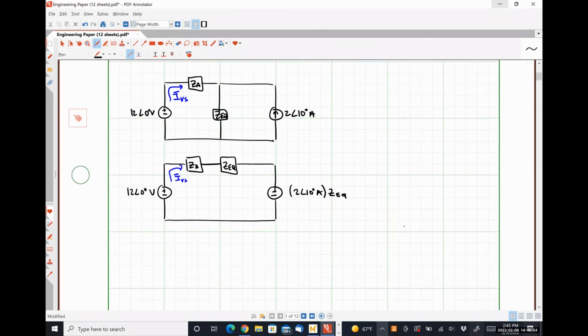And so from this, I can see that IVS is simply, oh, what the heck happened there? 12 angle 0 degrees volts minus 2 angle 10 degrees amps times ZEQ, all divided by ZA plus ZEQ.